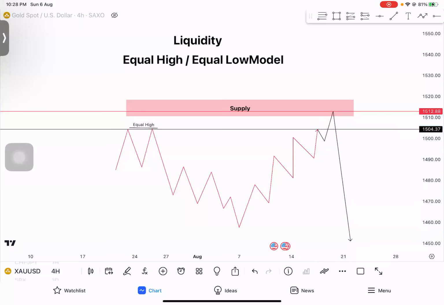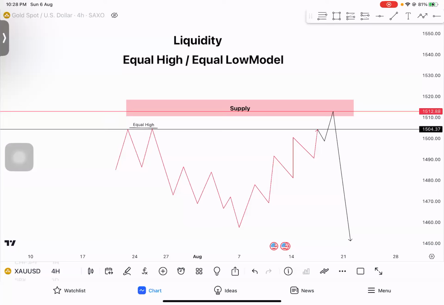So you always have to identify the equal high. You can trade on the equal high, but you have to identify whether you got the supply on top of the equal high or not. If you got the supply above the equal high, you better not enter at the equal high.